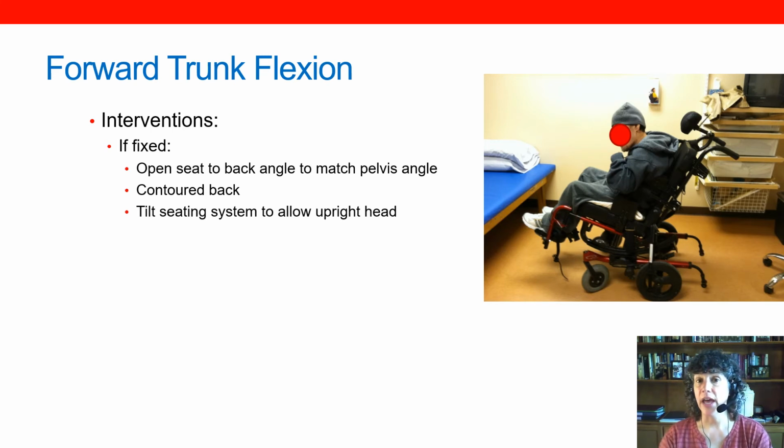So once the head is balanced over or just behind the pelvis, that's where we need to open that seat to back angle and or tilt the client. Sometimes it looks like this chair is insanely open when the client's not seated in it, but once they're in there, it becomes clear why that angle is required.